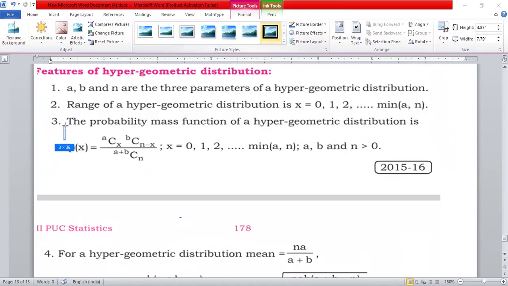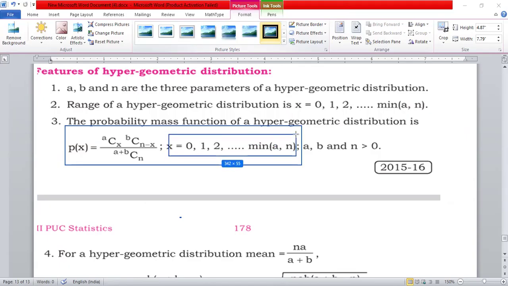The PMF of hypergeometric distribution, a very big one. P of x is equal to ACx times BC(n minus x) divided by (A plus B)Cn. So x follows 0, 1, 2, etc., up to minimum of A comma n.